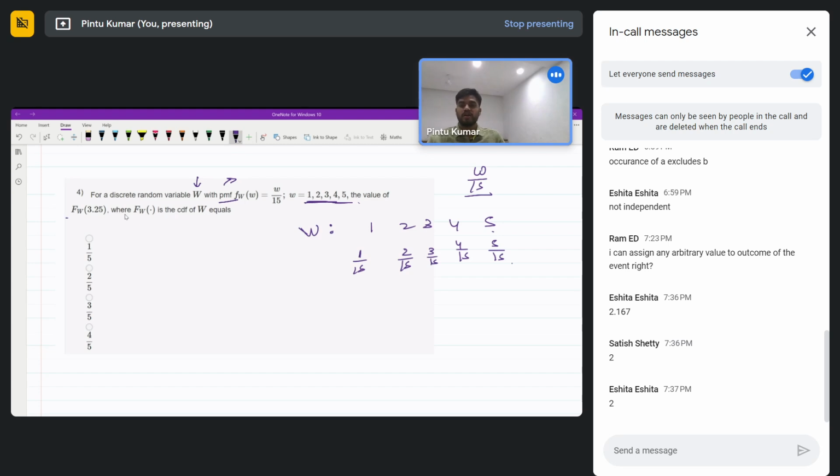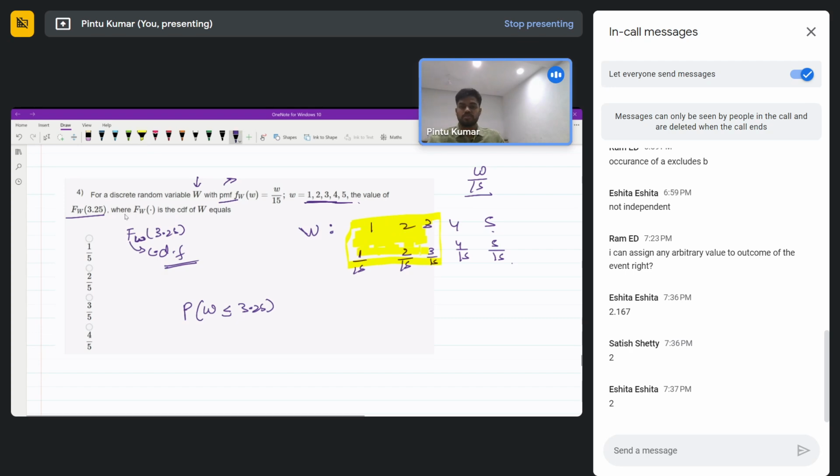Then they are asking for capital F of W at 3.25. Capital F of W is the CDF, that is the cumulative distribution function. So we have to find the probability that W is less than or equal to 3.25. That would mean it is either 1, 2 or 3, right?